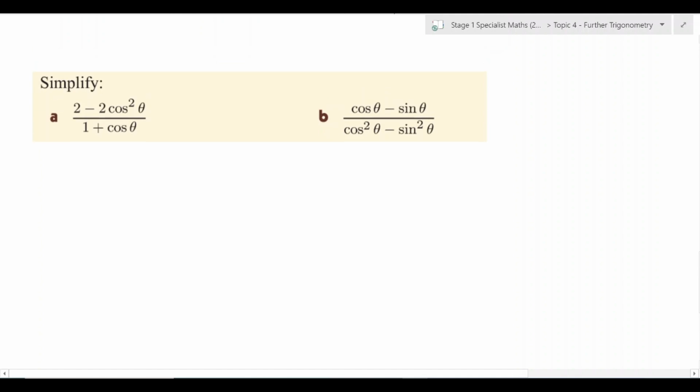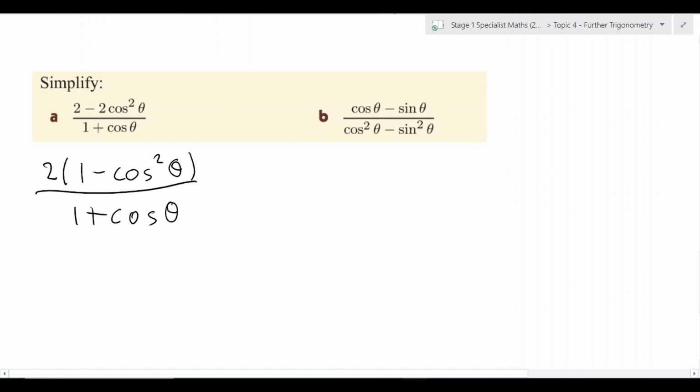Okay, so similarly here, we've got fractions. Now, what the book wants you to do with fractions is get rid of the bottom here. So we want to factorize out the top somehow to get 1 plus cos of theta, hopefully. So first thing I'm going to do is pull out a 2. Now that doesn't help too much until I do difference of two squares on the top.